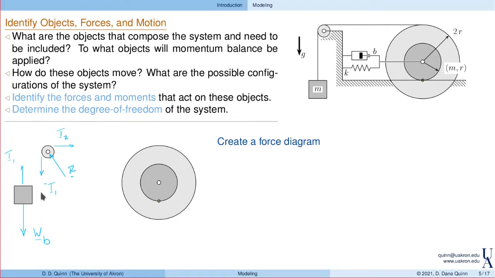Now, one thing I want to note is that T1 is the force acting on the block, and minus T1 is the force acting on the pulley. Again, because I cut this cable to identify these forces, they are internal forces, and internal forces must balance out.